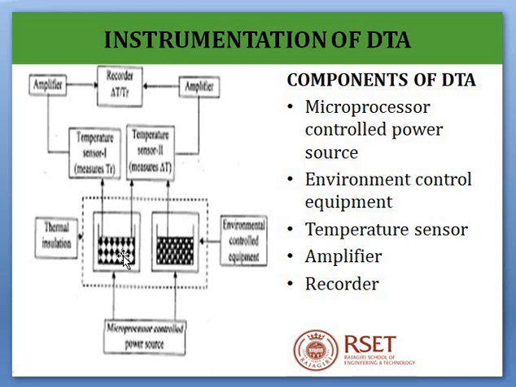For measuring sample temperature, you need a thermosensor, and it is marked as thermosensor 1. For measuring the reference, you are taking temperature sensor 2. Then both are amplified and recorded, and the graph is plotted, that is delta T versus temperature.